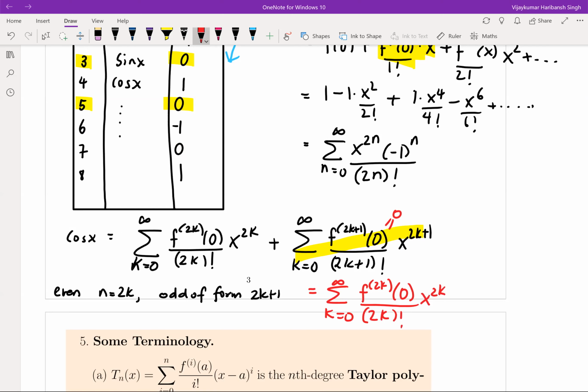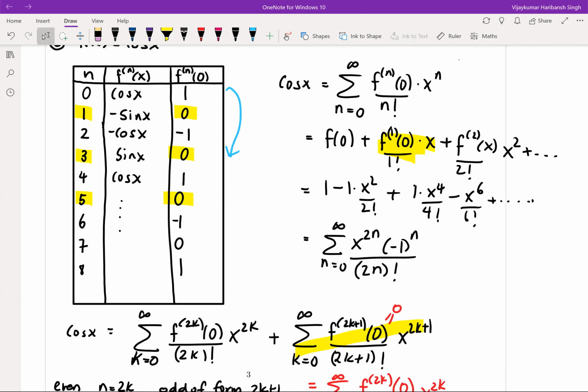Now note that the even ones follow a certain pattern. So this can be written as 2k. Here you have 2 times 0. Here you have 2 times 1. Here you have 2 times 2. Here you have 2 times 3. Here you have 2 times 4.